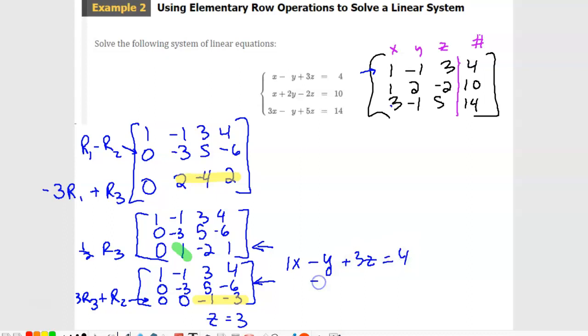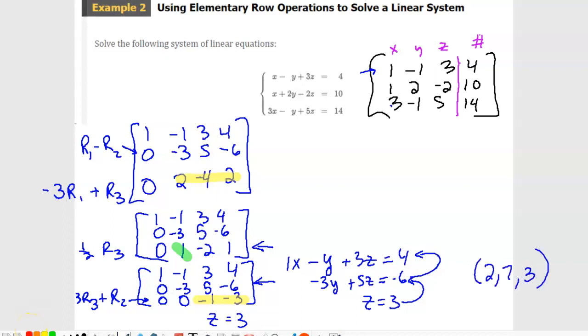I have negative 3y plus 5z equals negative 6, and now I have z equals 3. I'm just going to back substitute it in. I can substitute z equals 3 into here, solve for y, and then plug those in to find x. All right, and then I finally get my answers: 2, 7, 3.